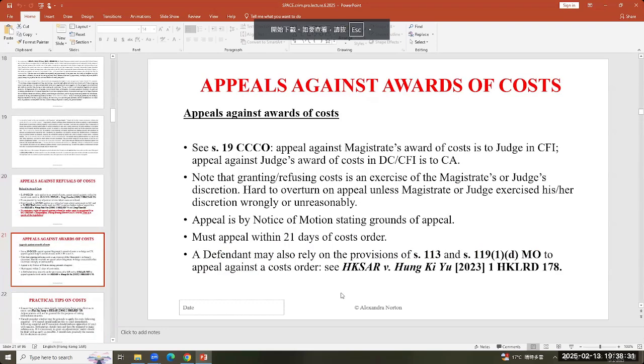If costs are awarded, then Section 19 applies. But always remember that costs involve the exercise of discretion, and therefore, on that basis, it can be hard to overturn a cost order on appeal. But if you do appeal, you appeal by notice of motion, and you have to appeal within 21 days of the cost order.